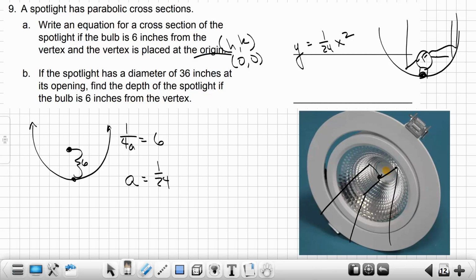Now that's something that you guys would have stared at that problem and been like, I don't even know. We got to work past that. If the spotlight has a diameter of 36 inches, so now all of a sudden the end of it, and the diameter is 36.